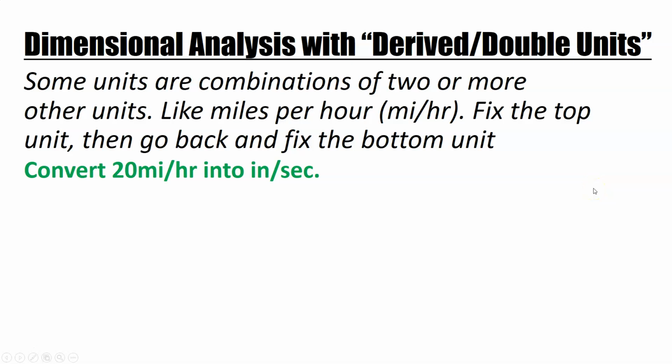We're going to convert 20 miles per hour into inches per second. So you can see that the numerator and the denominator don't match, right? We're going to have to fix both of them. If one of them was fine, great, the problem's half finished. I start with my known value, 20 miles in 1 hour.